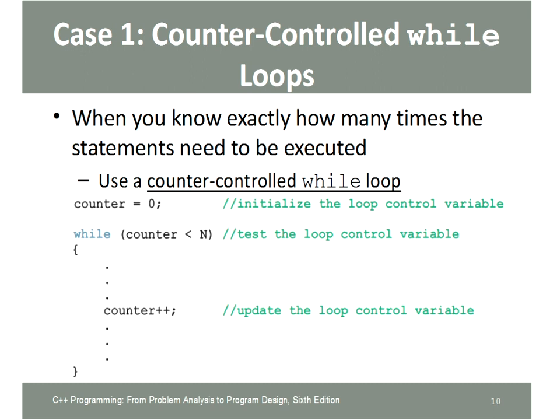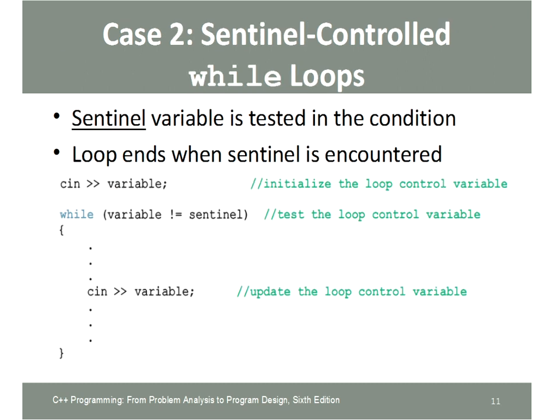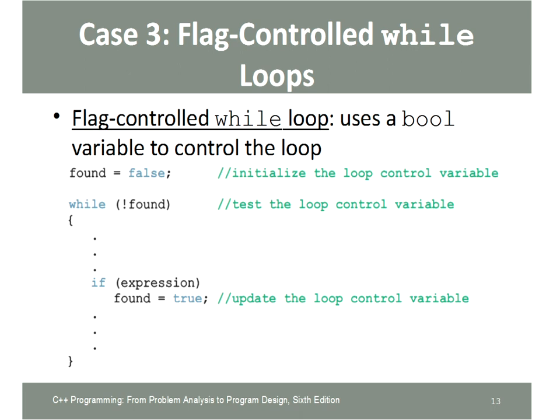The other consideration we have to control our loop is the sentinel. With the sentinel, we have a specific character, a specific value that we're looking for in order to stop the loop from executing. And the third way of controlling our loop is with a flag.